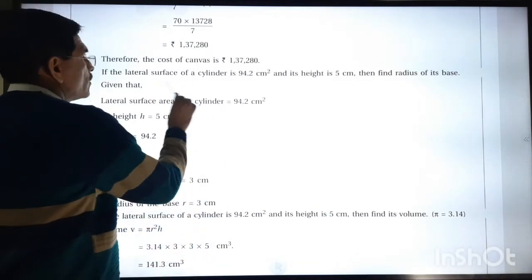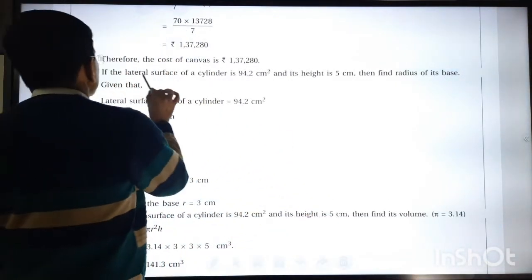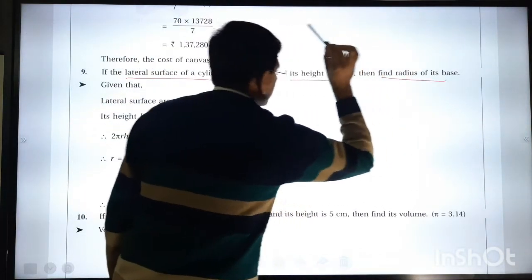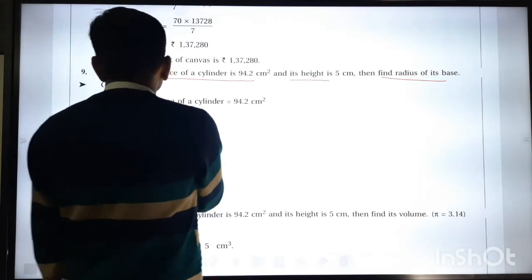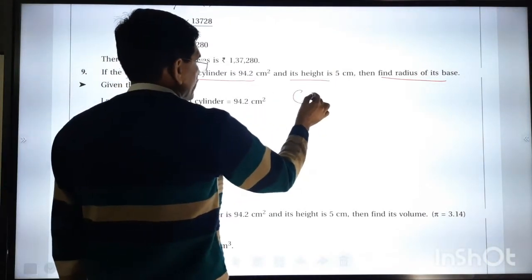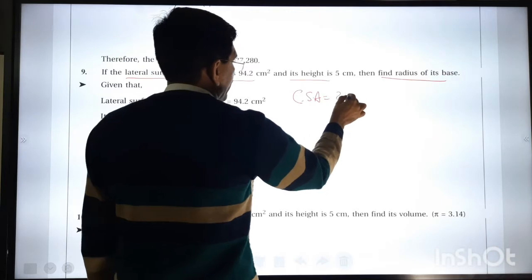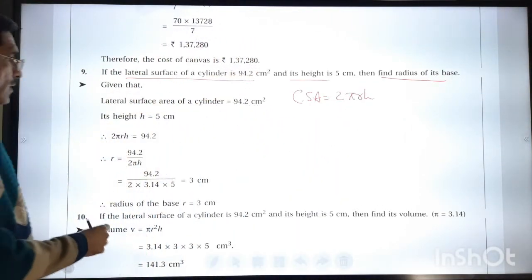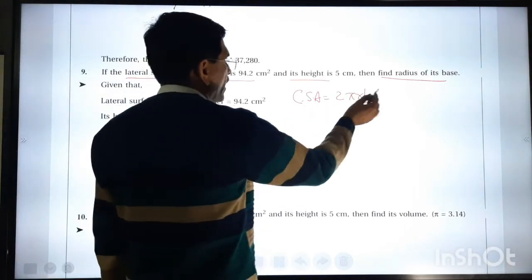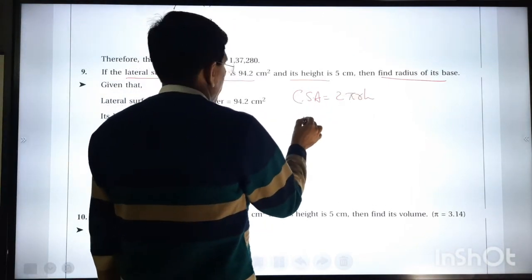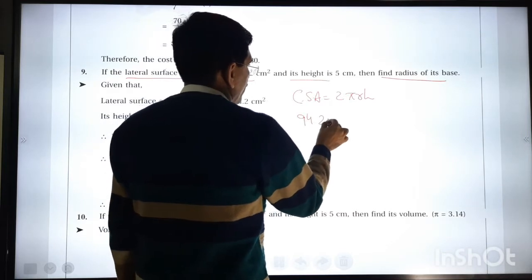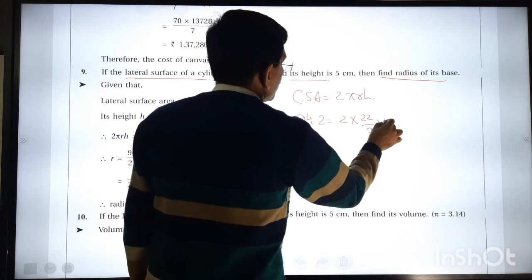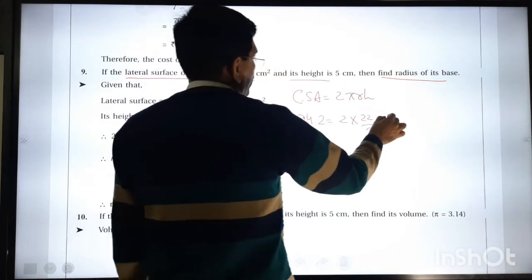Now curved lateral surface area, it's a revision. The lateral surface area of cylinder is given, height is given, find radius. So we know that curved surface area, that is CSA, is 2 pi r h. Now if you put all the values, 94.2 is equal to 2 into 22 by 7 into r, that we have to find out.